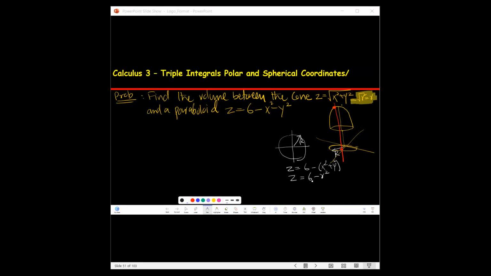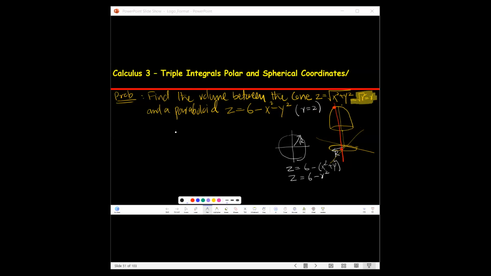Right? So this is my top side. I can also say that 6 minus r square is my upper limit, and the lower is given as r equals to 2 in the problem on the lower side.